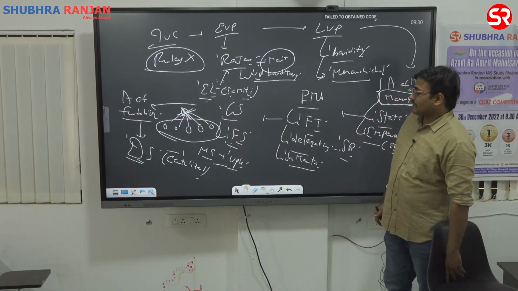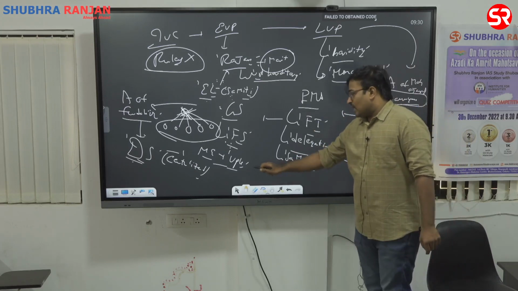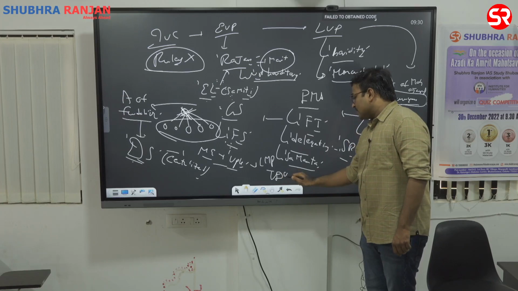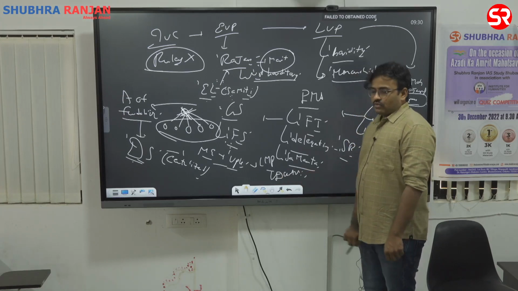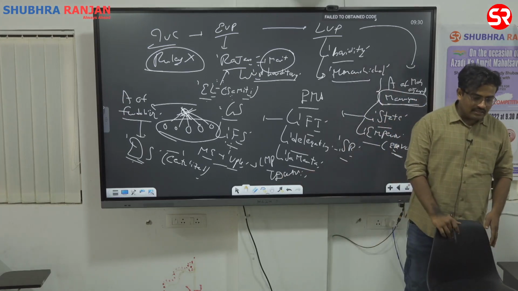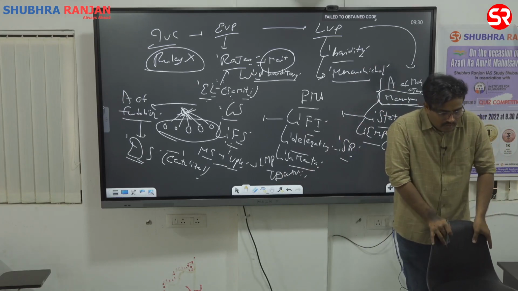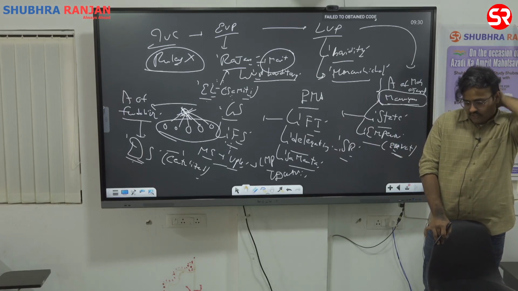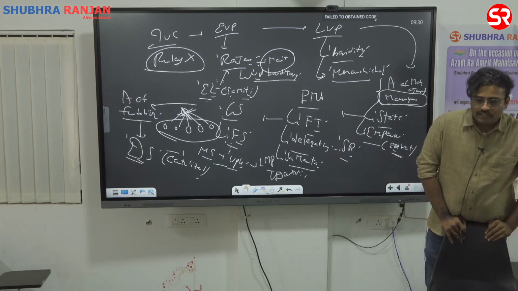And after the Mughal era, during the later Mughal period, the tendency of decentralization again started. Is it making sense now?